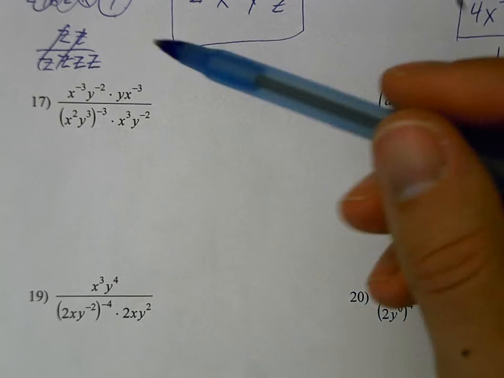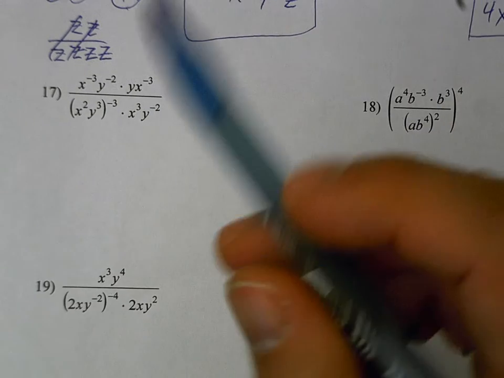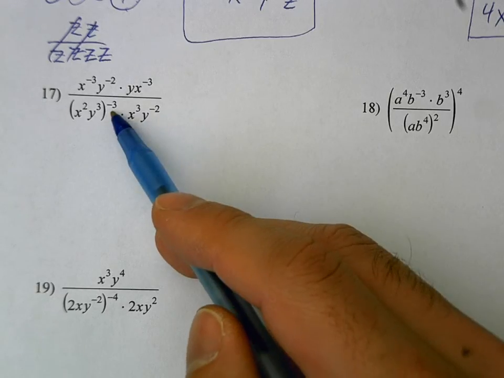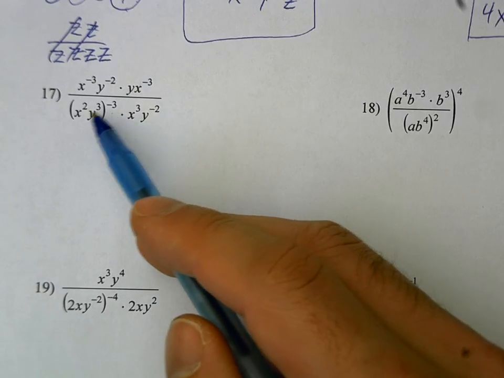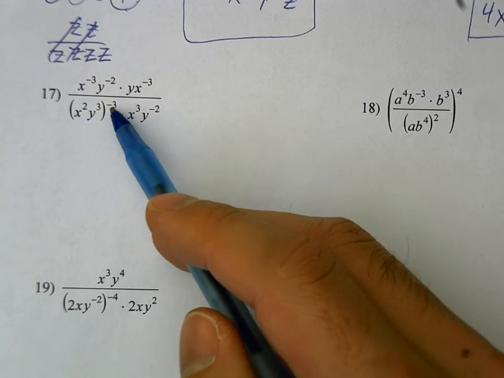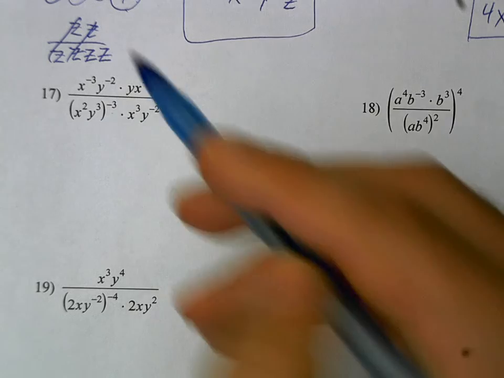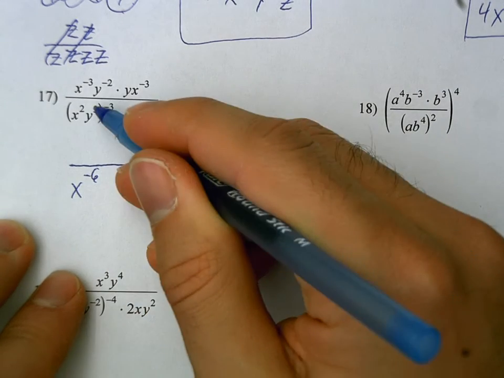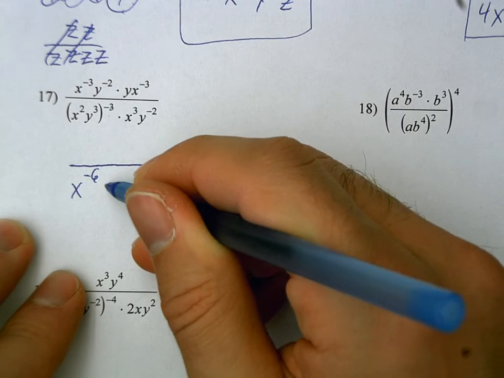Right here, on number 17, when you see this piece right here, the parentheses raised to a power, deal with that one first. Raise all the powers inside to that power, which means multiplying them. So 2 times negative 3 is going to be x to the negative 6th. 3 times negative 3 is going to be y to the negative 9th.